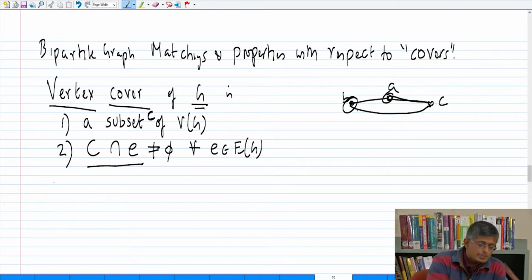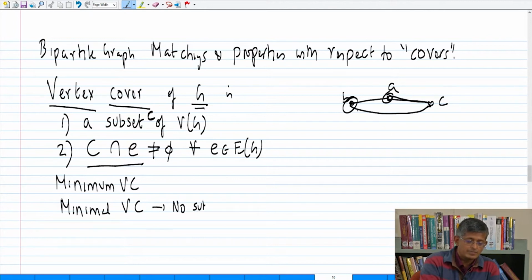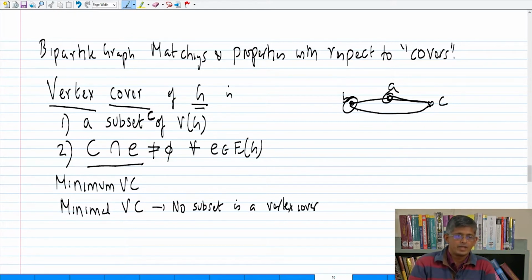So therefore, like a maximum matching and a maximal matching, we will consider a minimum vertex cover, that is a vertex cover of minimum number of elements, and a minimal vertex cover. Minimal vertex cover means no subset is a vertex cover, right?